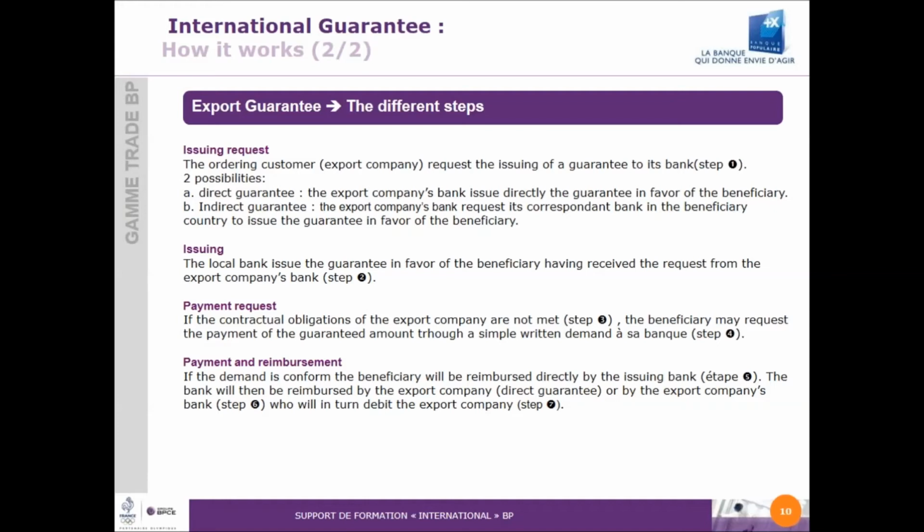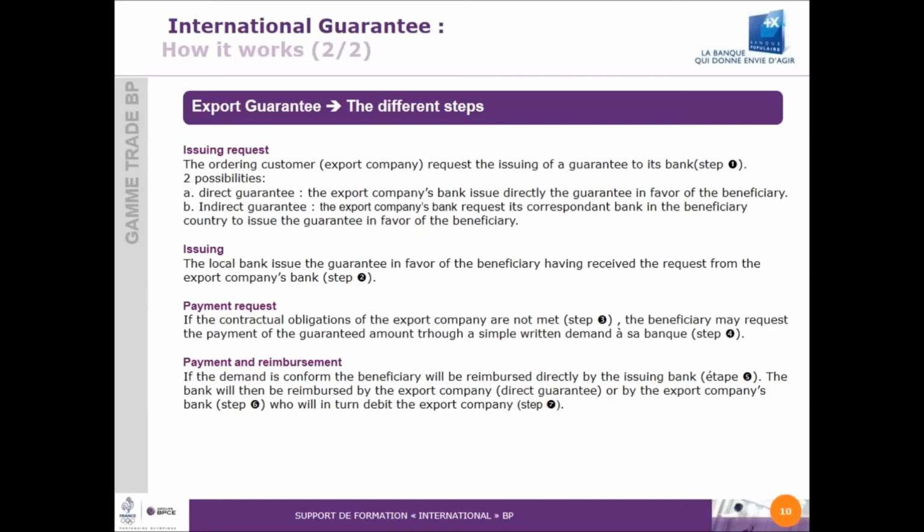And so the indirect guarantee corresponds to the previous slide: the export company's bank requests its correspondent bank in the beneficiary's country to issue the guarantee in favor of the beneficiary. Then the issuing part: the local bank issues the guarantee in favor of the beneficiary. Then there's the payment request.